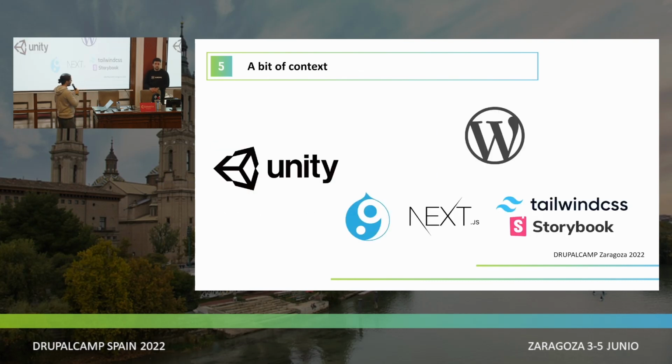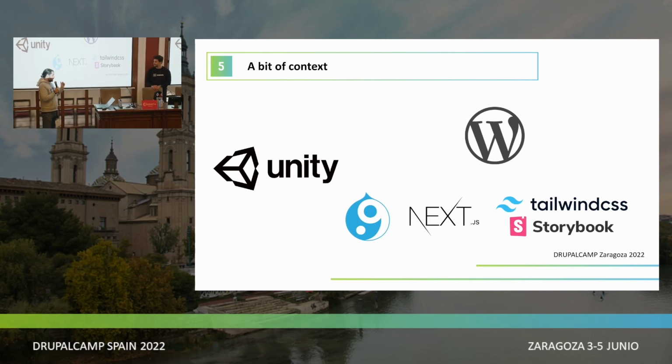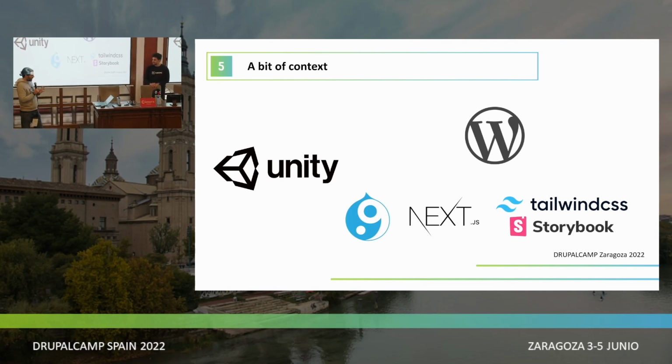Okay, so first of all, before we start, I would like to provide you a bit of context, because this project goes around Unity. The client asked us to migrate the current blog site they have from WordPress to Drupal 9. So the idea is they are going to manage the content using Drupal 9.